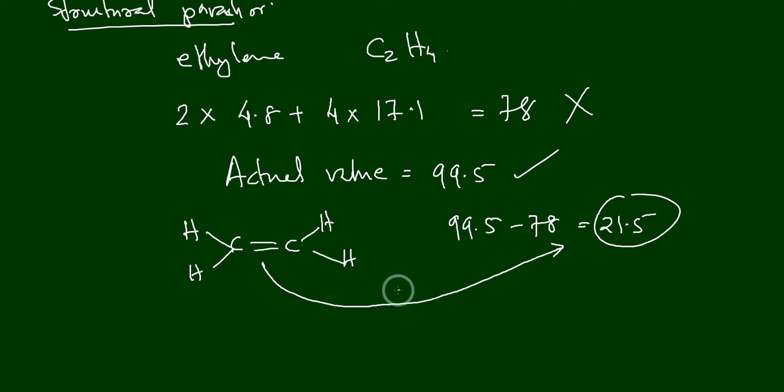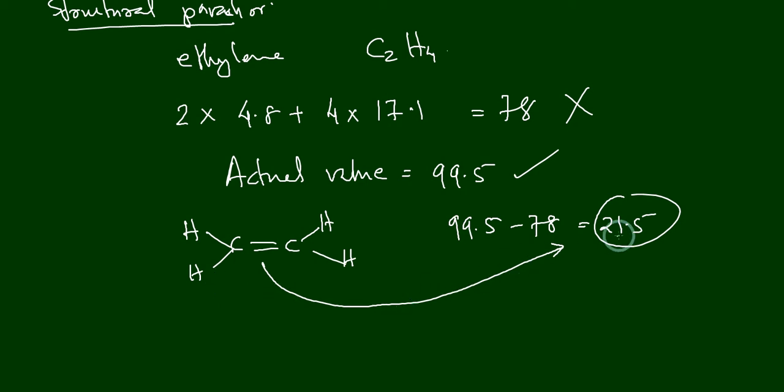That is called structural parachor. Here the structural feature is the carbon-carbon double bond, and that feature is contributing towards the total parachor of the molecule. So structural parachor is the contribution of the structural features of the molecule towards the total parachor.